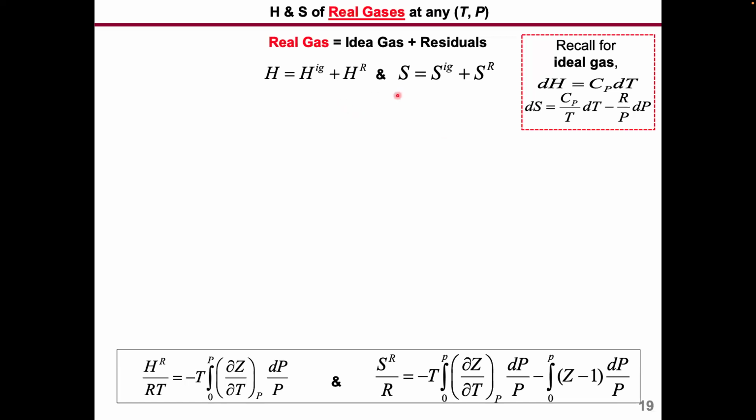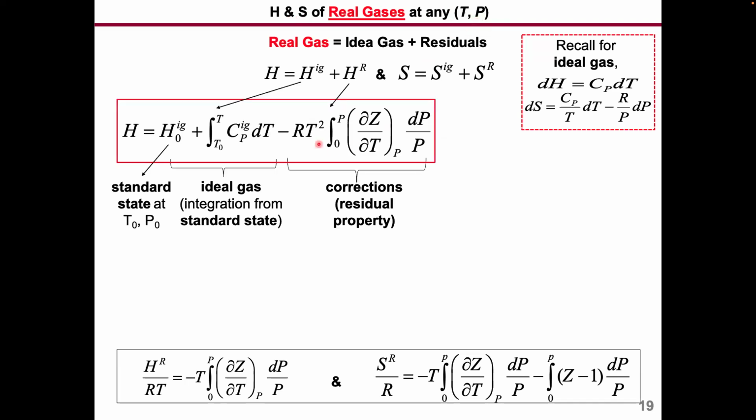Now we want to calculate entropy and enthalpy at a particular T and P. We can pick a reference state. For ideal gas, the enthalpy is going to be the standard state at T0, P0. P0 is going to be 1 bar, for example, which is considered low. That's why the gas is behaving like an ideal gas.